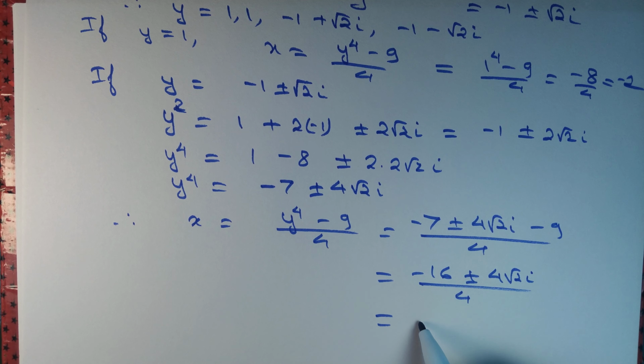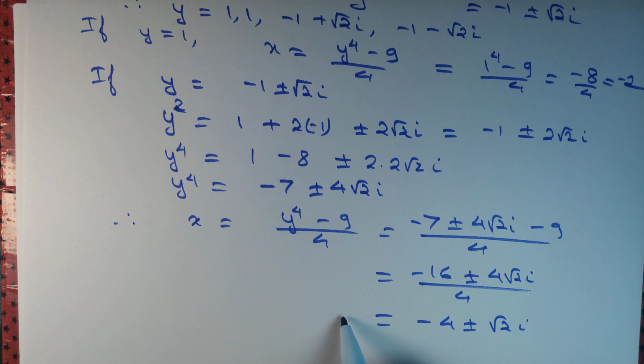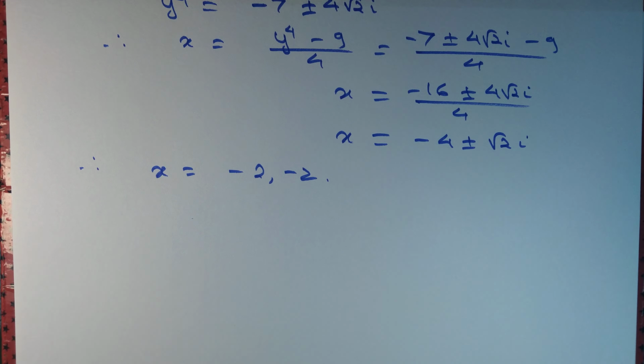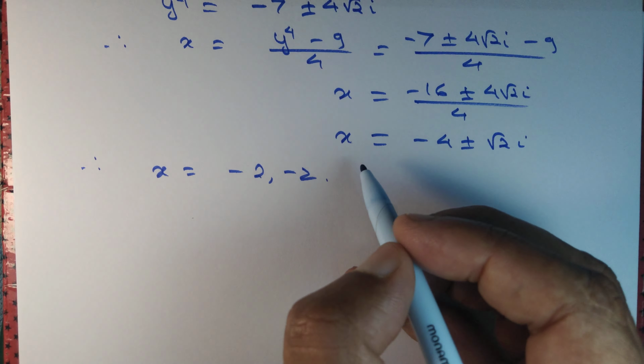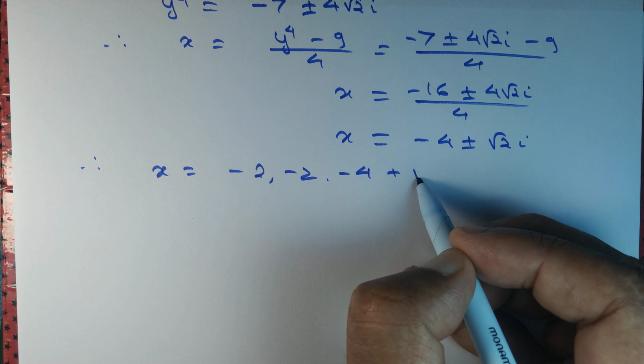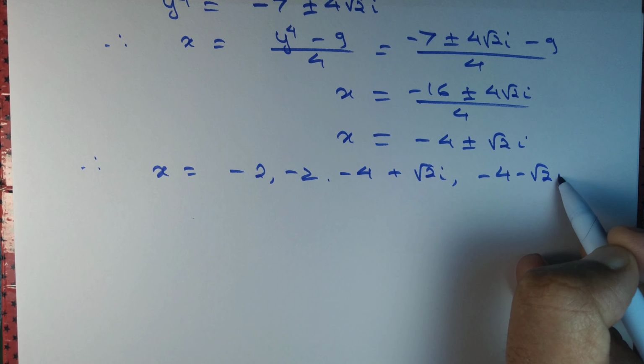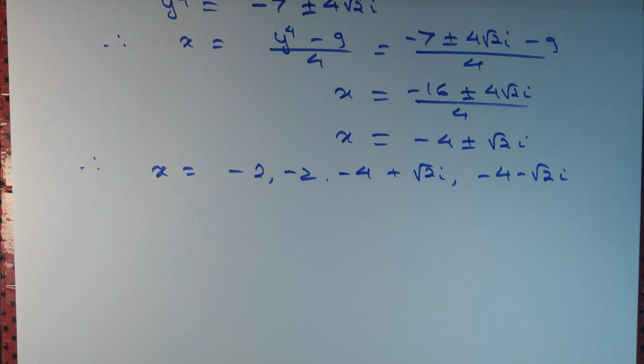We can cancel by 4, so minus 4 plus minus root 2 i. Therefore, x equals minus 2, minus 2, we got a repeated root, yes, minus 4 plus root 2i, minus 4 minus root 2i. So we got 4 solutions and we are done.